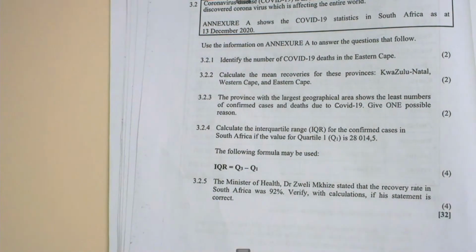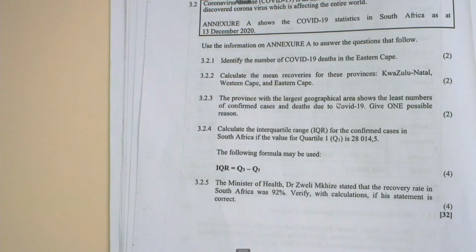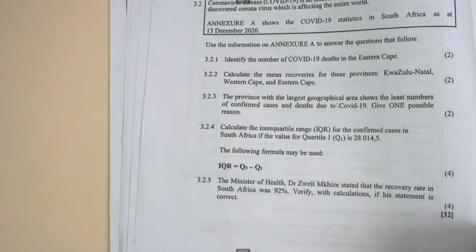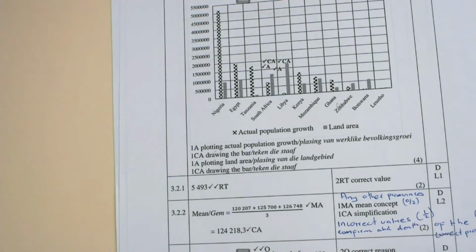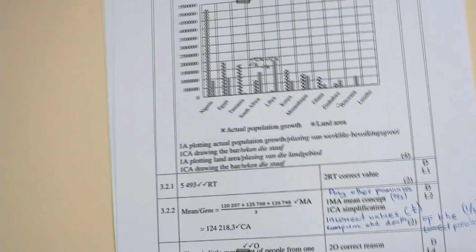Right, the next question is 3.2.2. Calculate the mean recoveries for these provinces: KwaZulu-Natal, Western Cape, and Eastern Cape. So it's 3 provinces. We want the mean.